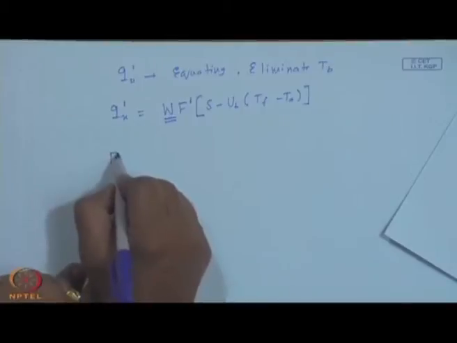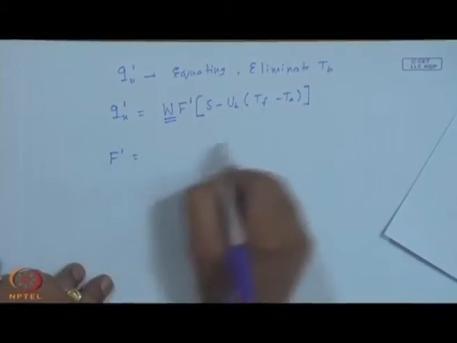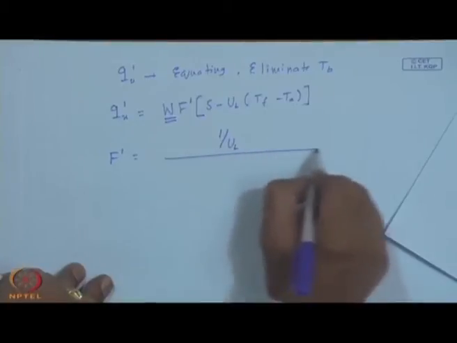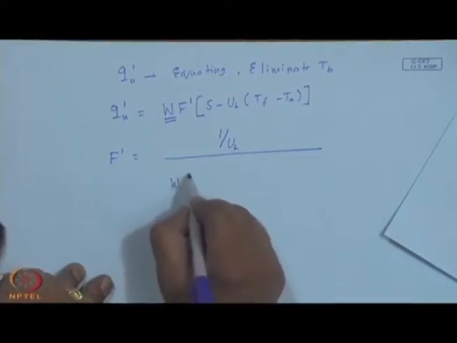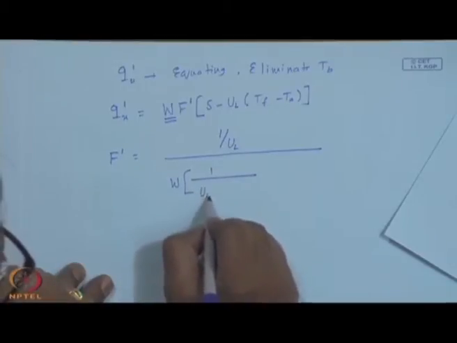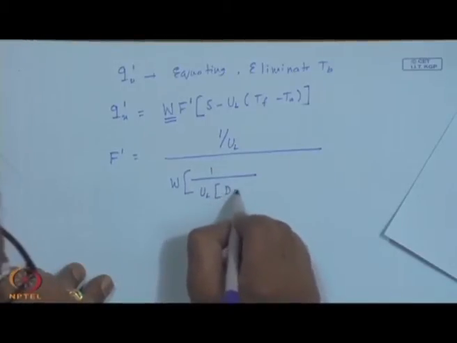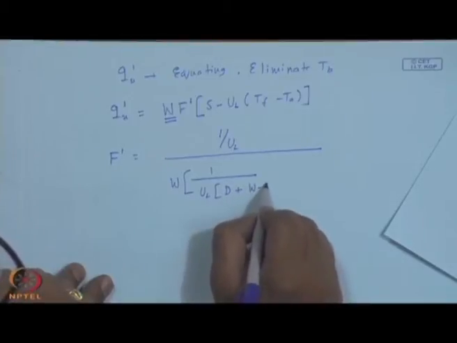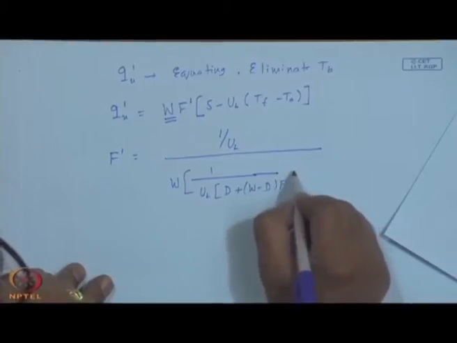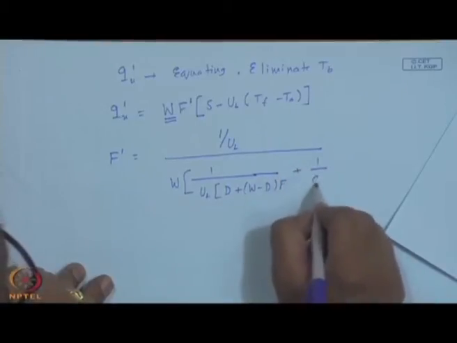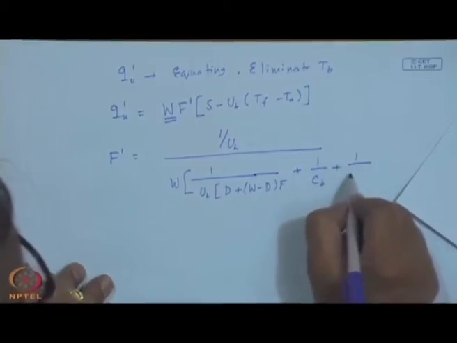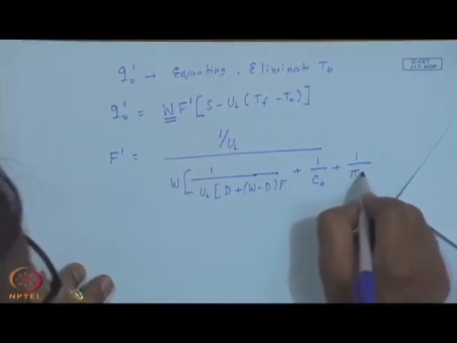And here if you equate those two equations, F dash turns out to be 1 upon U_L by W, divided by 1 by U_L times D plus (W minus D) into F, plus 1 upon the bond conductance plus 1 upon the convective conductance.